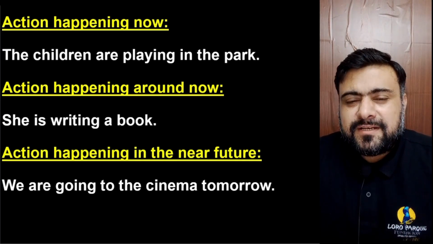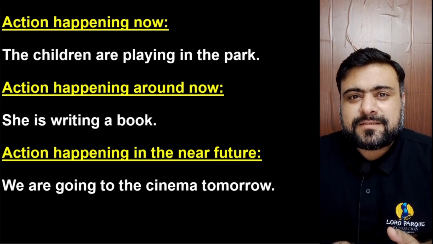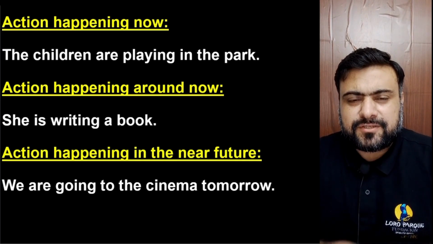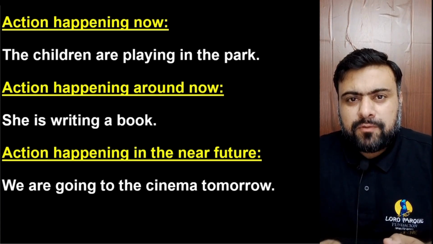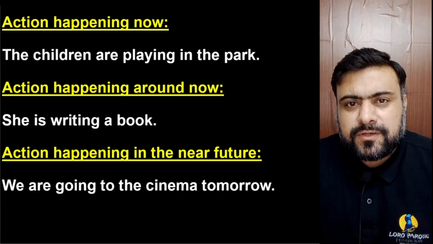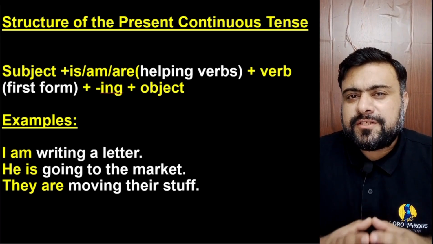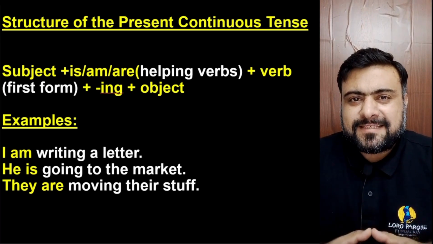So the present continuous tense is used in these three instances: for the actions happening now, around now, or in the near future. So what is the structure of a sentence of this tense?